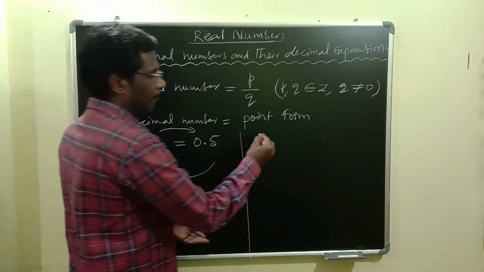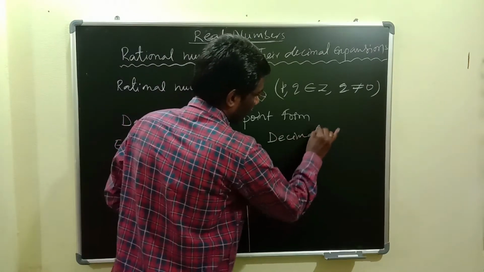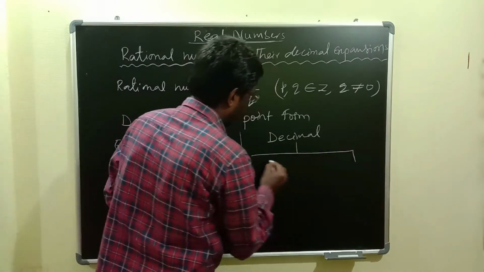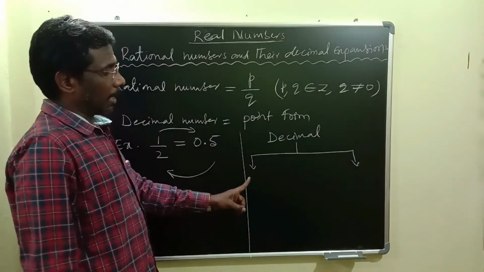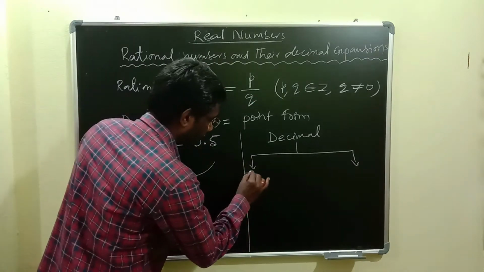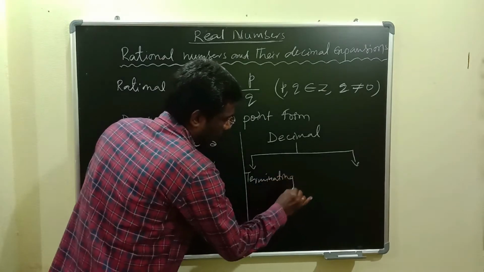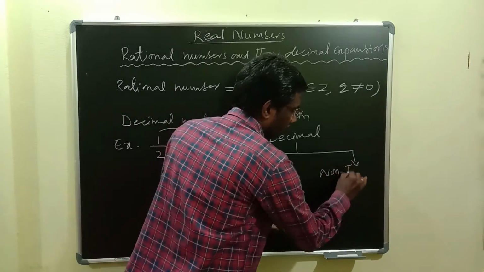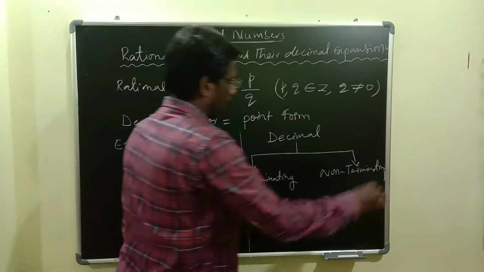Now in 10th class we have to study about decimal numbers. Decimals can be divided into two types. One is terminating decimals and another one is non-terminating decimals.